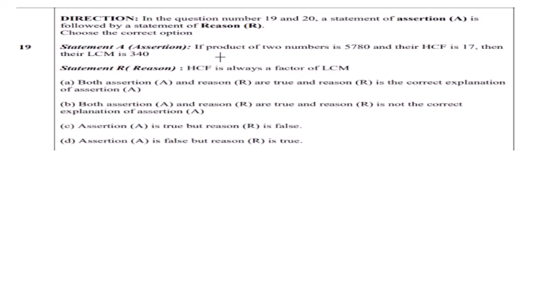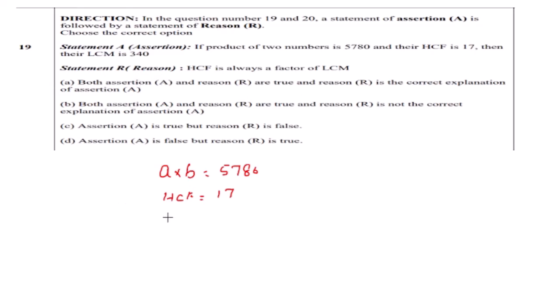Now we can see that if the product of two numbers is 5780, that means product of two numbers we are given A into B is equal to 5780, and their HCF is equal to 17 we are given. Now in the question it is given, then their LCM is 340.